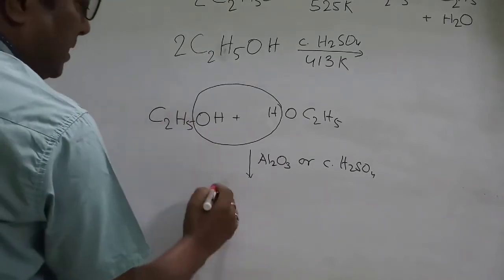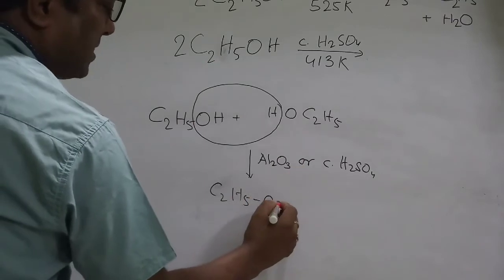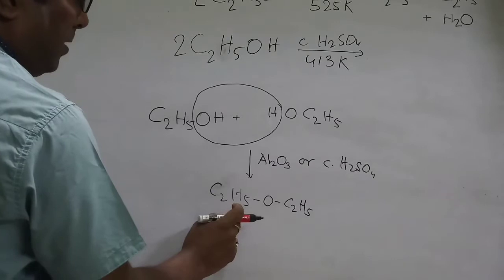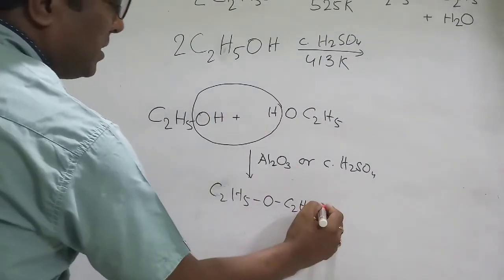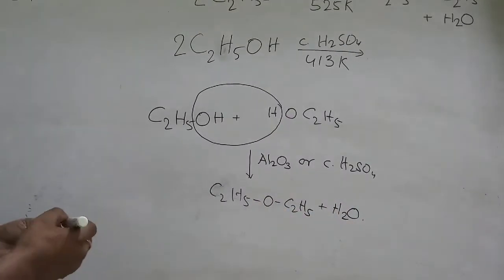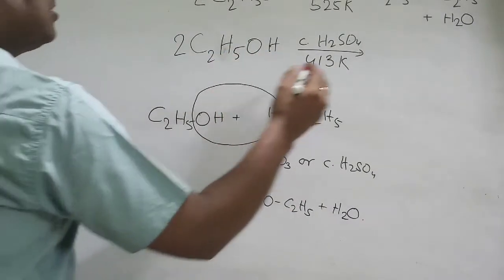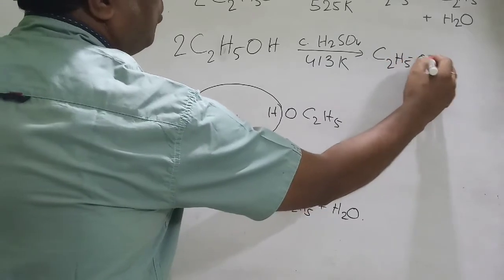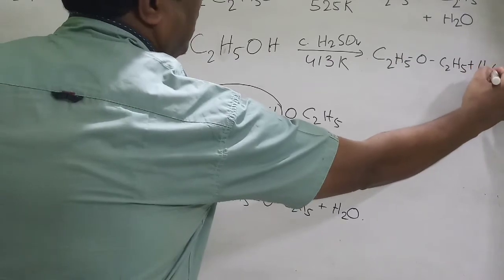What happens is this C2H5 links up with the oxygen present with the other alkyl group to form the ether, and together with it we get the water molecule. This is what is happening. Similarly with concentrated sulfuric acid also, it would be similar, C2H5O C2H5 with a liberation of a molecule.